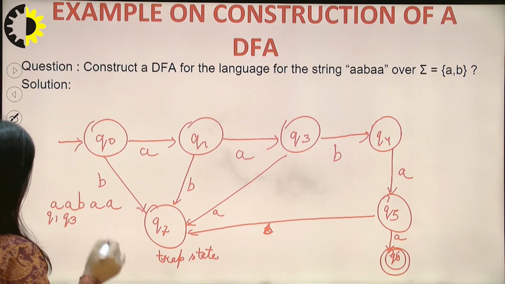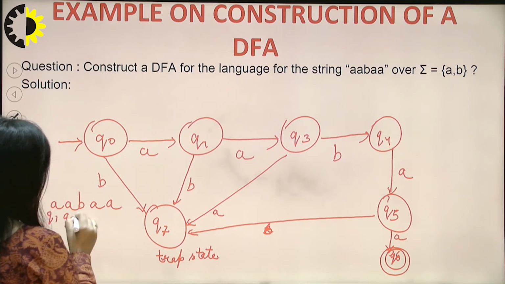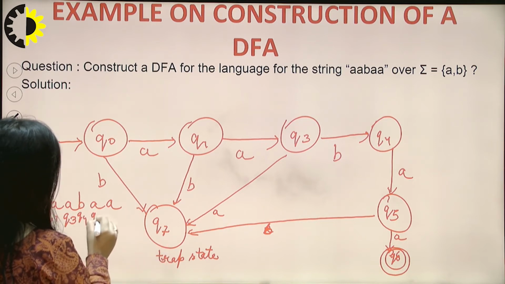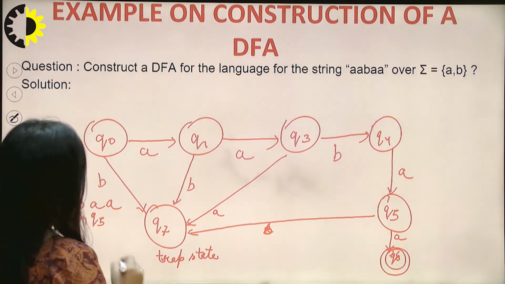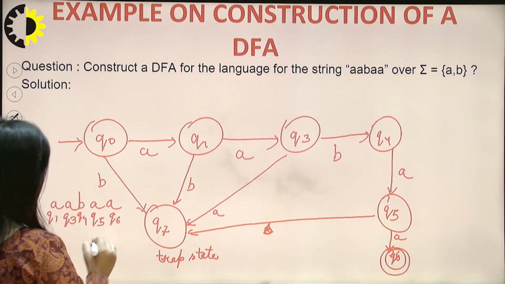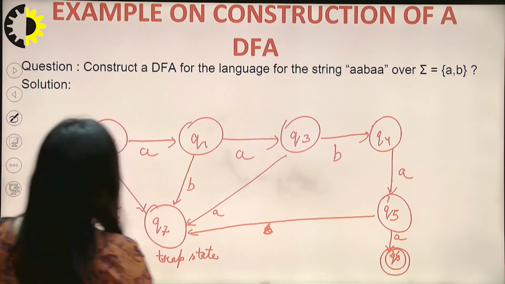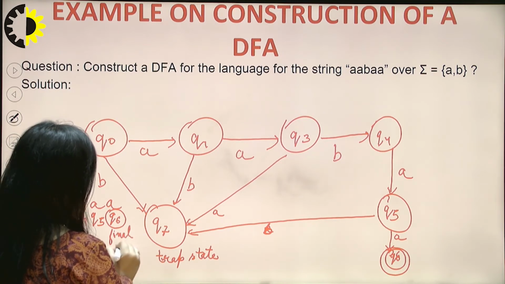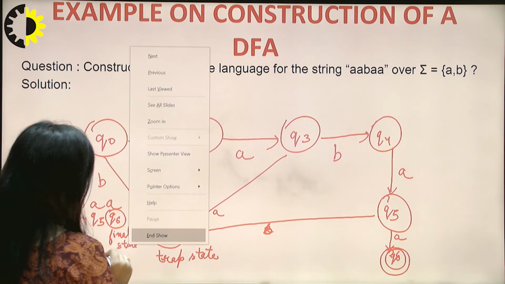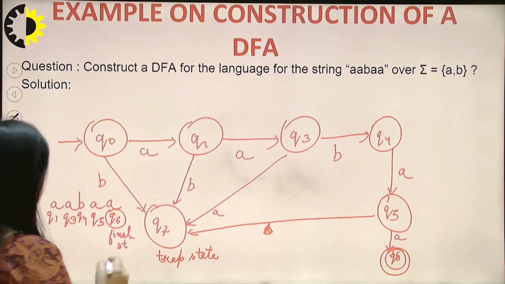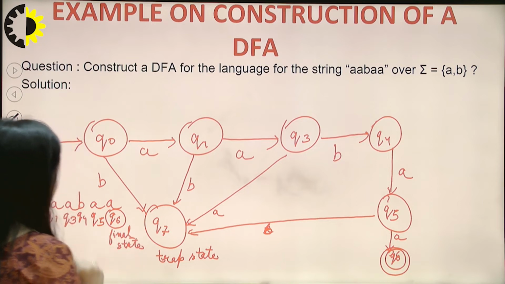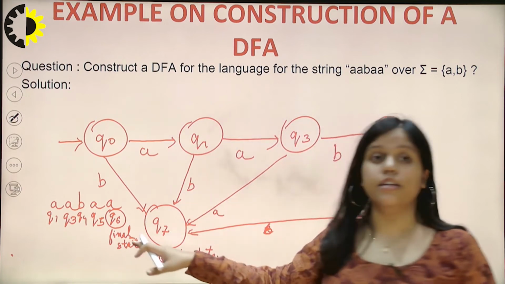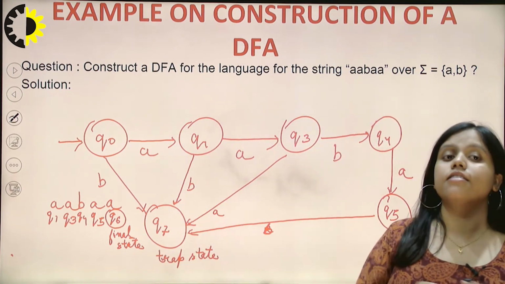Then Q3, when it takes B input, reaches Q4. Then Q4, when it takes input A, reaches Q5. And when Q5 takes input A, it reaches Q6, that is the final state. This is how we check whether we can reach the final state by taking a certain input or not.